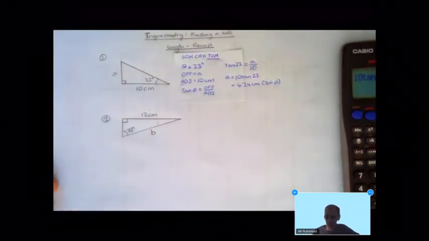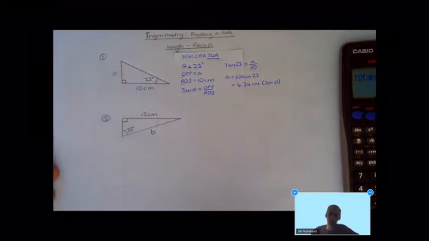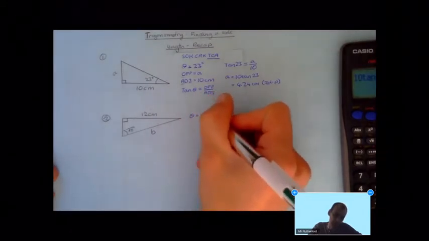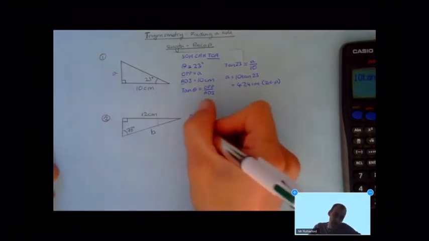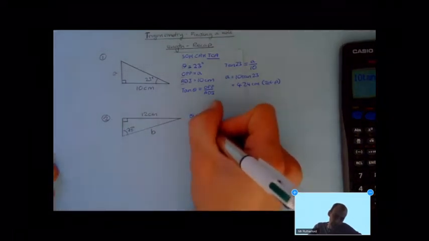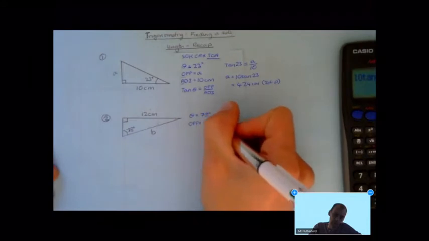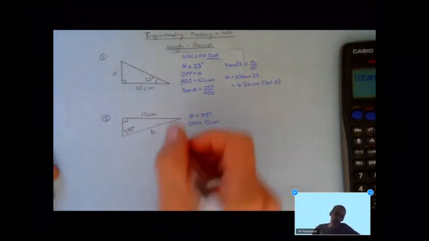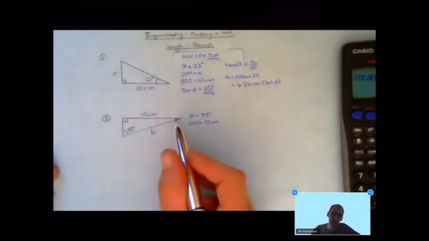Now we've got a second example here. On this example, we have got an angle of 78 degrees. We have got an opposite side of 12 centimetres because it is opposite the angle. And our unknown is the longest side.